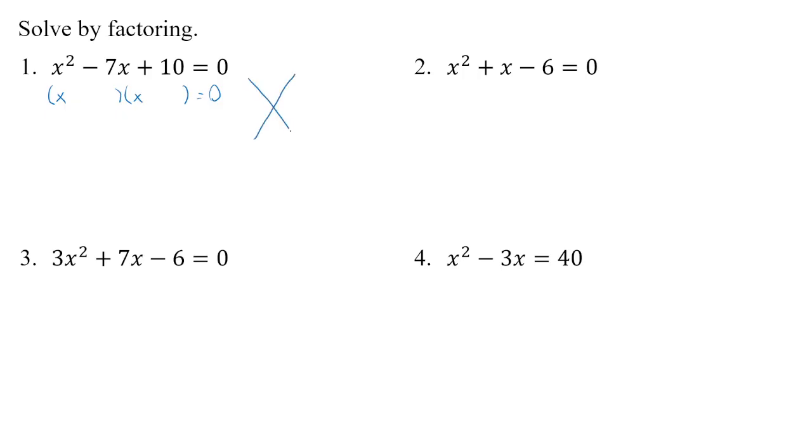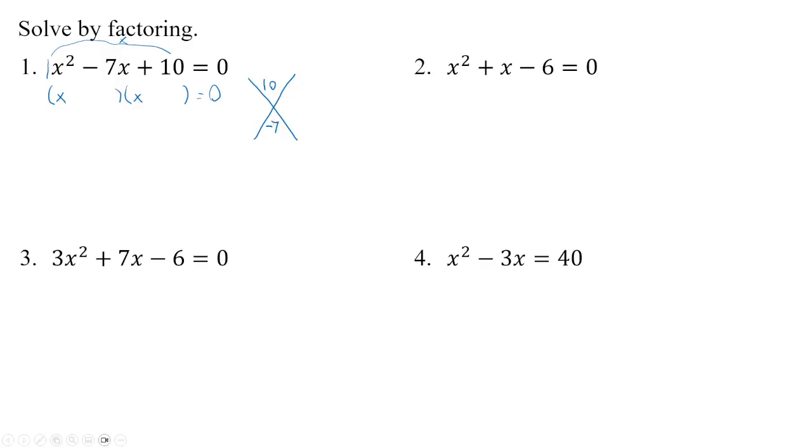Next, you draw a big X. Up top is the product of the leading coefficient and the constant. That's 1 times 10, which is 10. On the bottom, you will put the coefficient of your linear term, and that's negative 7.